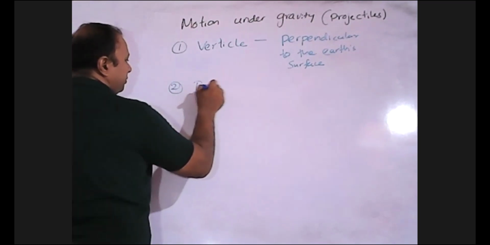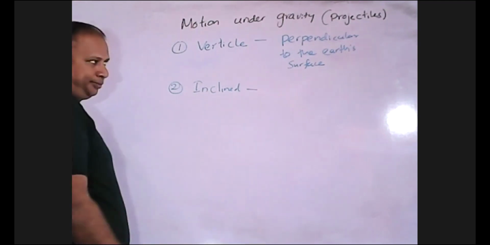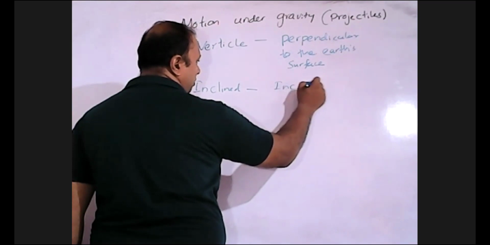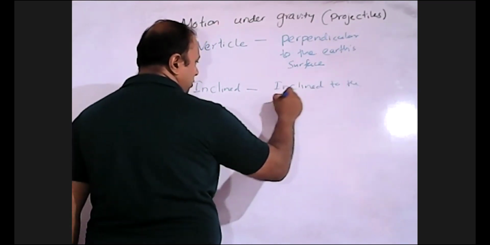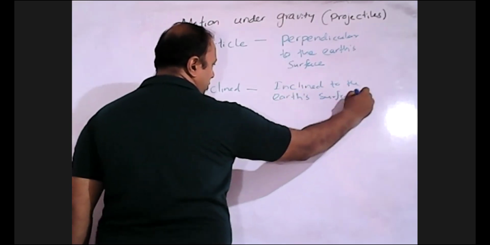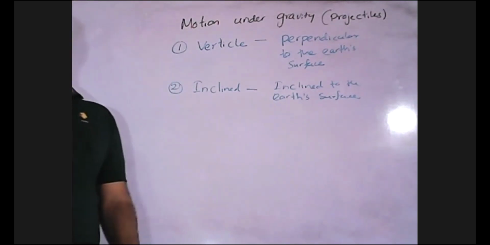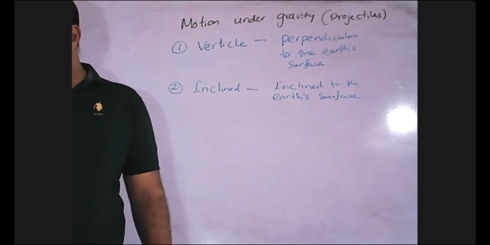The other is inclined, like an incline, inclined to the Earth's surface. Those are the two motion types under gravity.